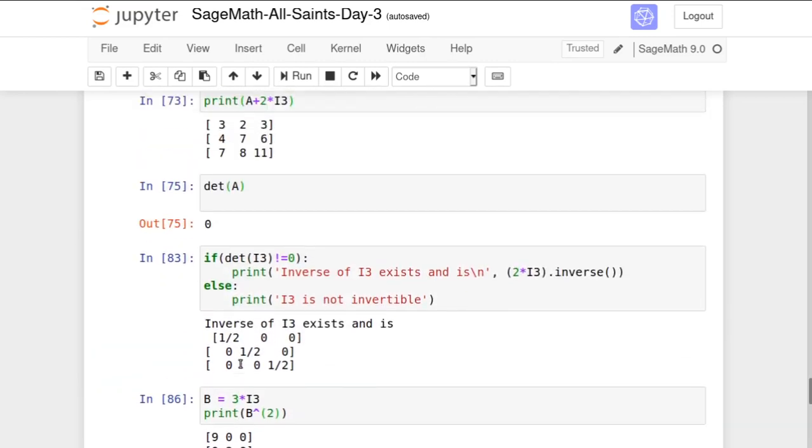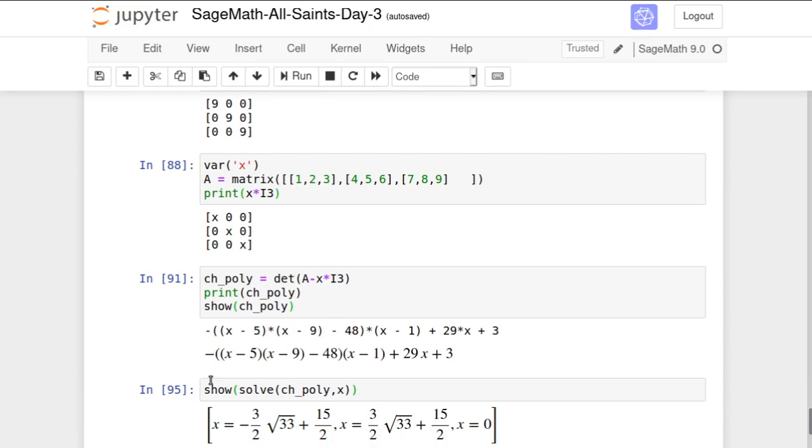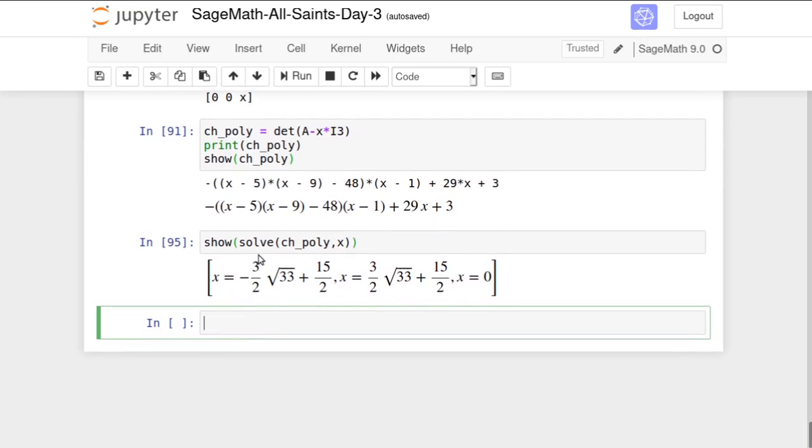So what are the steps that we followed? We initially constructed x star i3, then we took the determinant of a minus x i3. After that, we asked SageMath to solve the characteristic polynomial, and the solution turns out to be the characteristic values or eigenvalues. But instead of finding the characteristic polynomial like this, there is actually an easy way in SageMath. That is just to use the characteristic polynomial command.